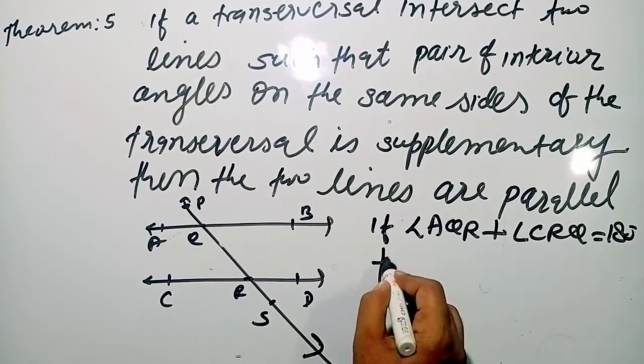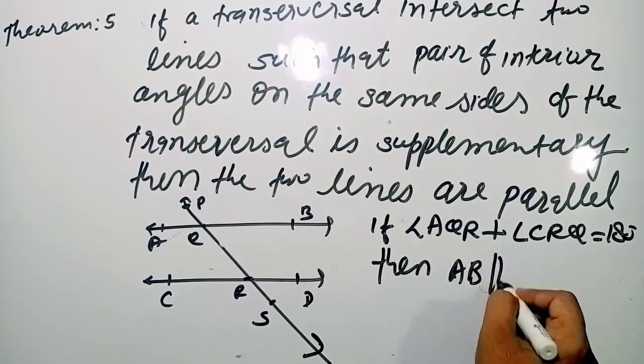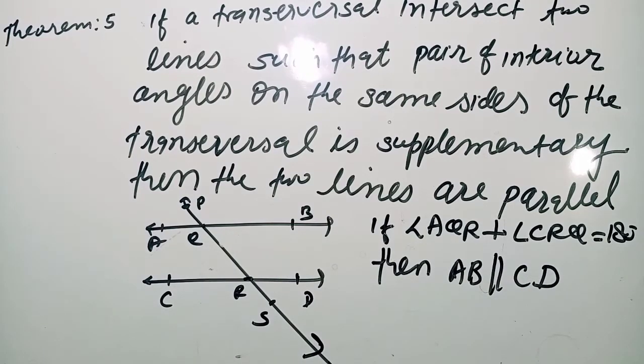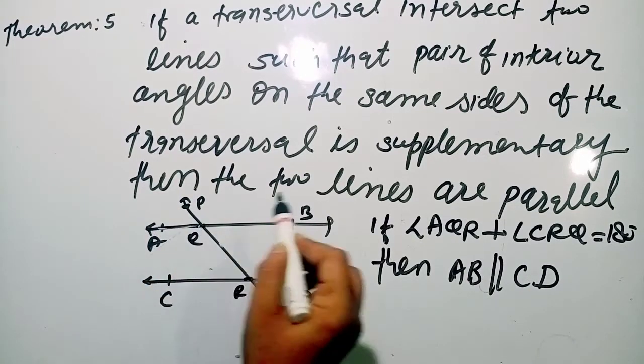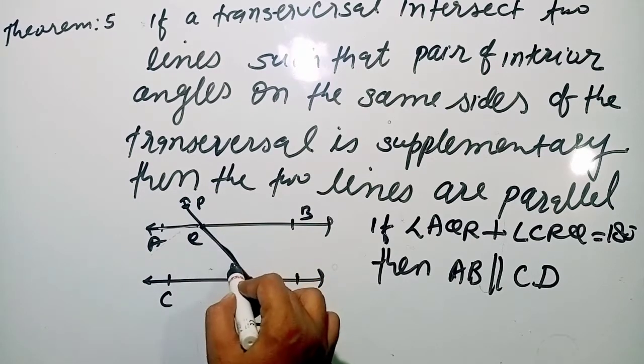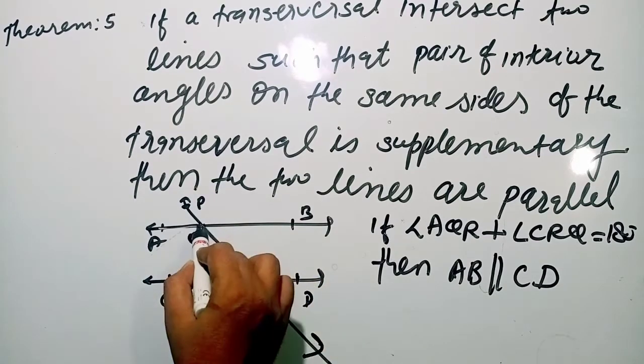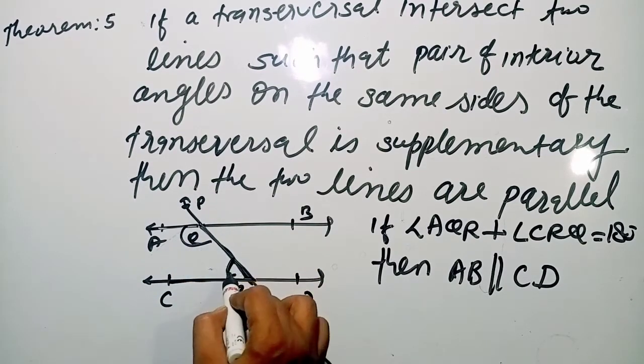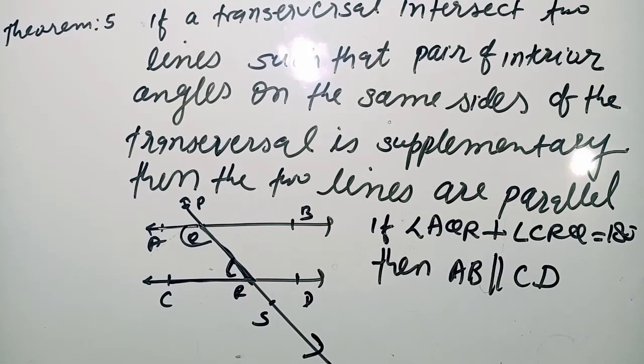That's why AB is parallel to CD. Right, students? This much you will have to prove, because here AQR and CRQ are supplementary. That's why AB is parallel to CD. Okay, students.